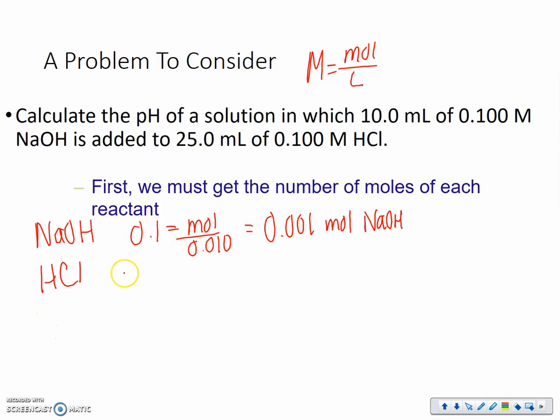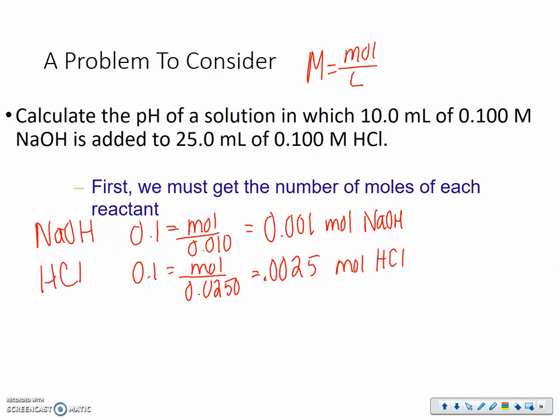For our hydrochloric acid, okay, so we've got more HCl than NaOH.